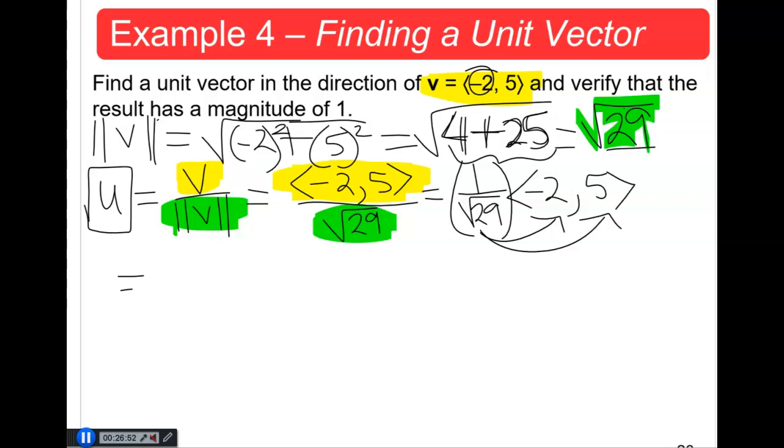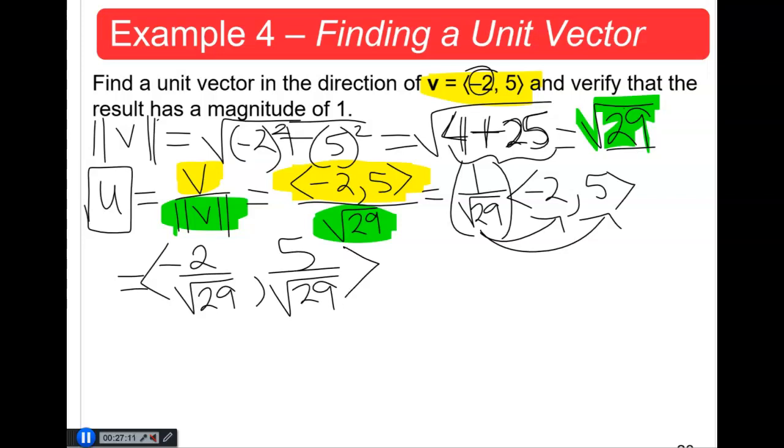So here again, for the unit vector, it will be -2 over the square root of 29, comma 5 over the square root of 29. And that is what we could call the unit vector.